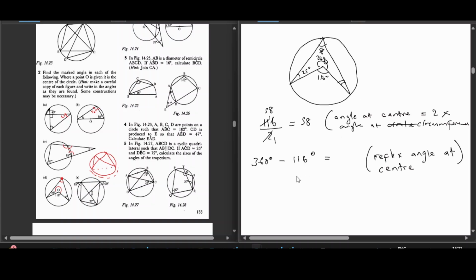Angle iyi kuti tiwane tinenge takungoti 360 degrees. 360 dziri kubva pakuti ndiyo the sum of angles inside a quadrilateral. This is a quadrilateral, believe it or not, because we have 1, 2, 3, 4 sides, but it's not a cyclic quadrilateral because 3 ma corner ndo akabata circumference.